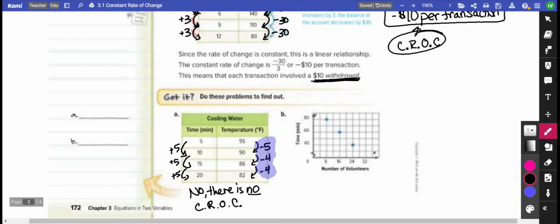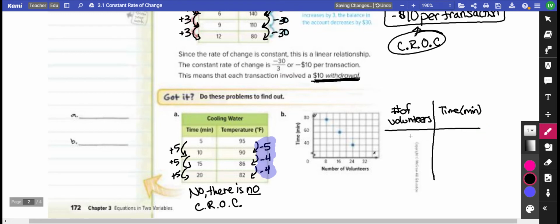So for letter B, let's go ahead and find out for this one. I'm going to make a table of values. I'm going to say number of volunteers to time in minutes.